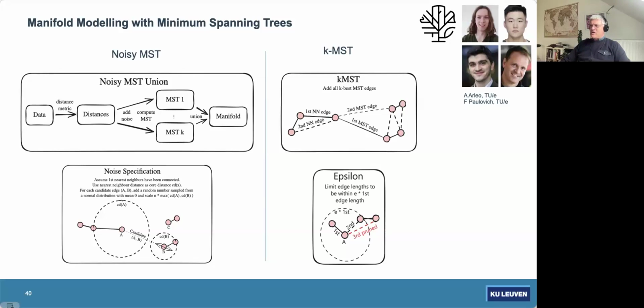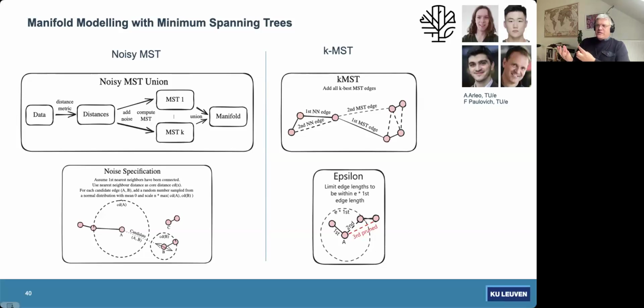We found out after discussing with people from TU Eindhoven in the Netherlands that if we just create a minimal spanning tree, I'll first go over the noisy MST one. You build a minimal spanning tree and everything is connected to everything else, okay? But that's not the complete shape yet. So imagine your data is actually in a circle.